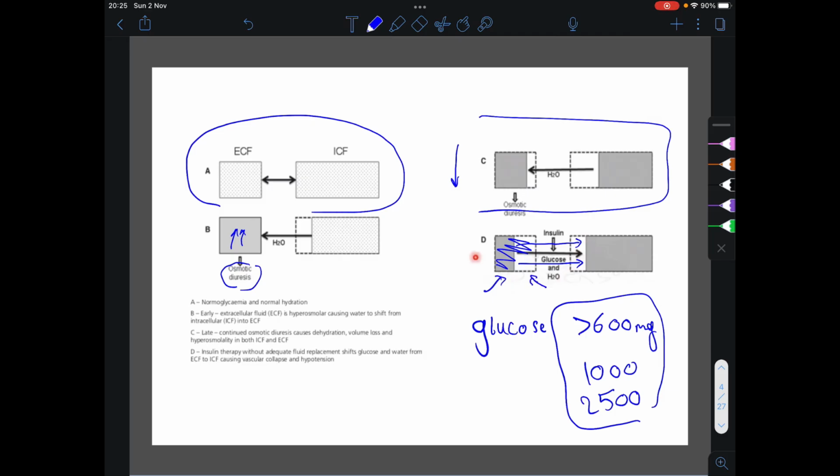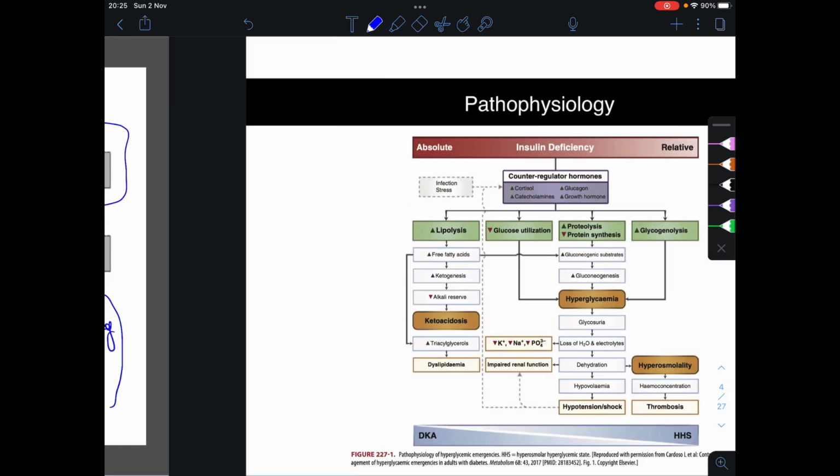So it's very risky to start with insulin. Never start with insulin in a patient with HHS. Give them fluids adequately at first, and examine the patient to see that the signs of dehydration have resolved. Then you start insulin. I will be talking about this in more detail later on.